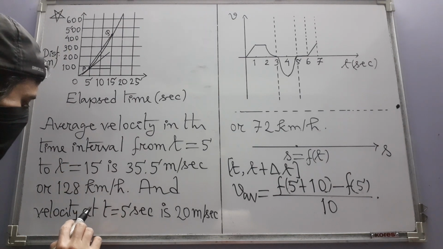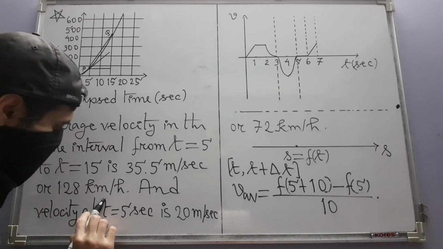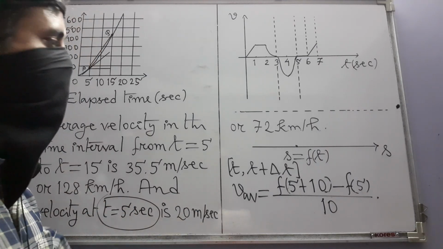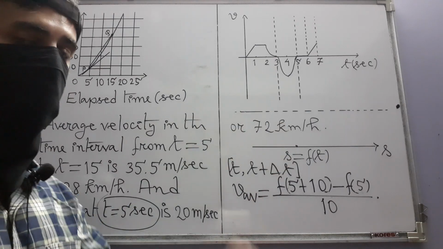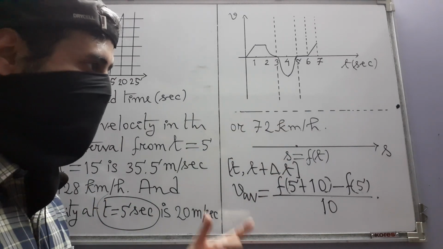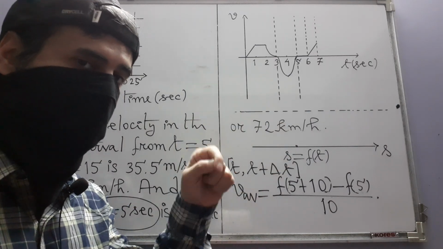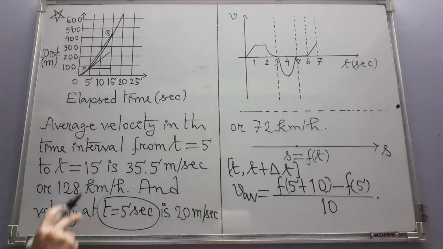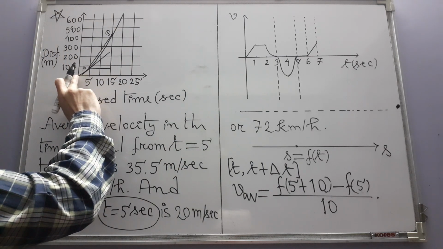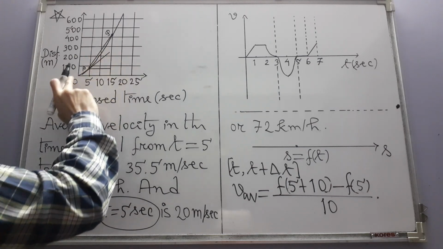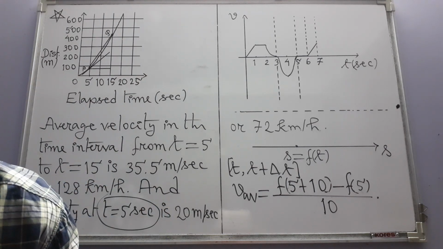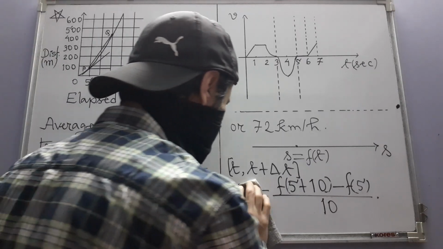And then the velocity at the instant t equal to 5 seconds is some 20 meters per second or 72 kilometers per hour. This is the instantaneous velocity, velocity at the instant t equal to 5, which geometrically equals the slope of the tangent to this graph at P. Why? Well, we already know why, but let us also see.